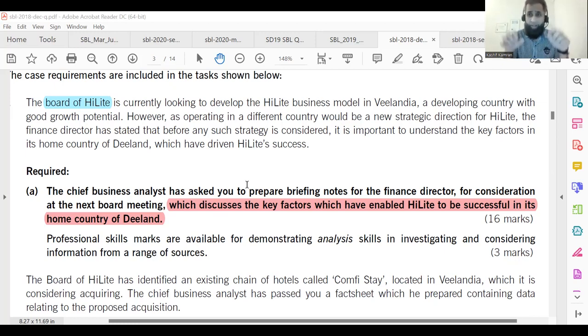Okay, that's Porter Diamond. Now, again, the student who is answering without Porter Diamond is also giving a valid answer, because you're focusing on the key factors which are given in the case study. And the other student is linking that with the model. But that is the wording of the examiner, that model isn't the best answer. So you cannot just spend time forcefully, because there are so many questions where a model cannot be applied and students still search for models.